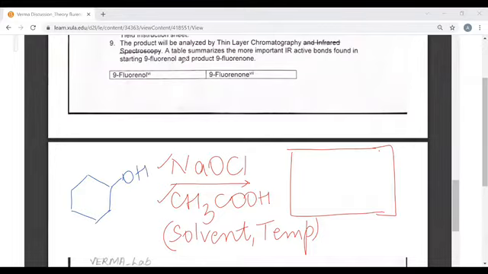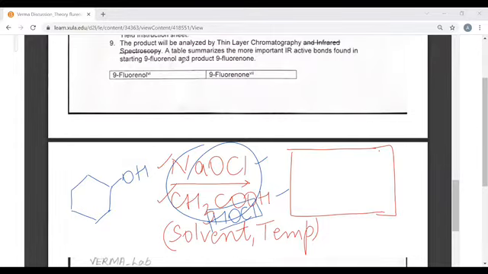What if I have a cyclohexanol? Again, using the same bleach and acetic acid conditions, I will be generating what? HOCl. This is a very reactive species.